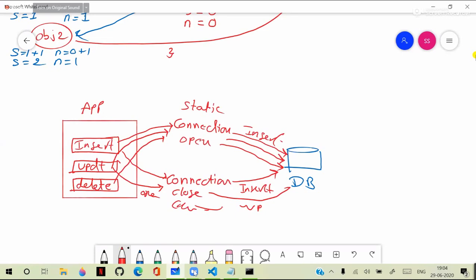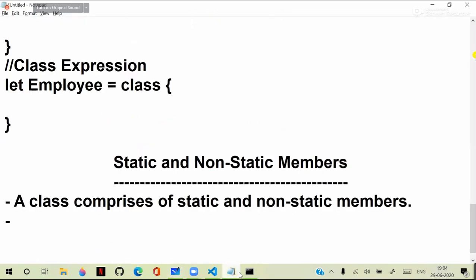Our intention is not to find a solution for this, but to understand what the problem with it is first. For every problem, there is a solution to handle. Even static issues we can handle. Problems can be solved by various implementations. That is not the point. Our point is what is the problem in static and what is the problem in non-static. So technically, what is the difference between static and non-static?